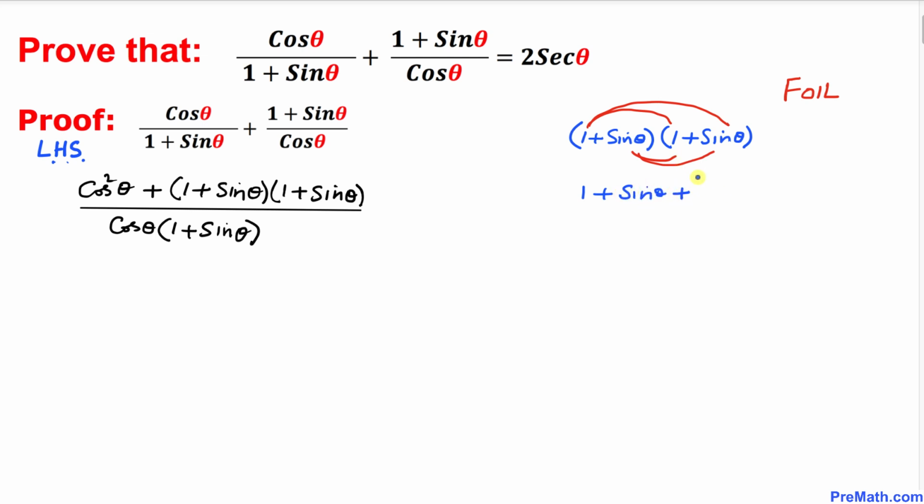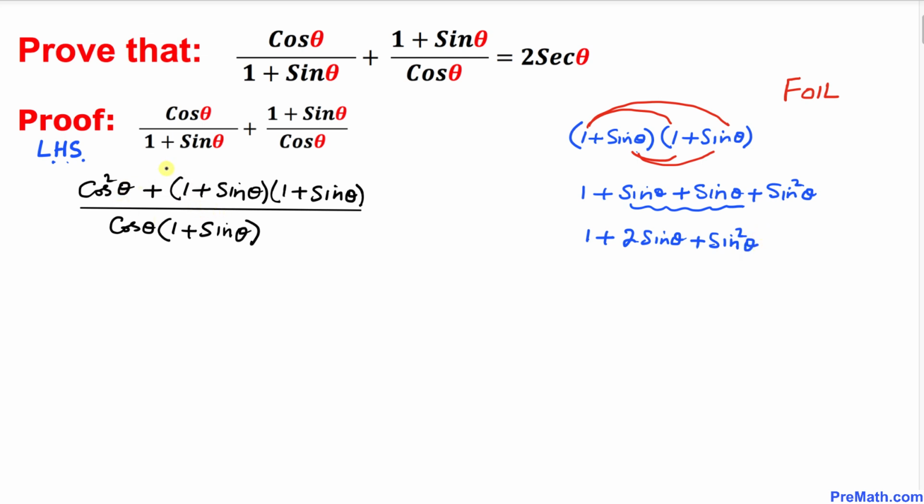Likewise, once again, 1 times sine theta is sine theta, and plus finally sine theta times sine theta is sine square theta. And here they are like terms. So we got 1 plus 2 sine theta plus sine square theta.